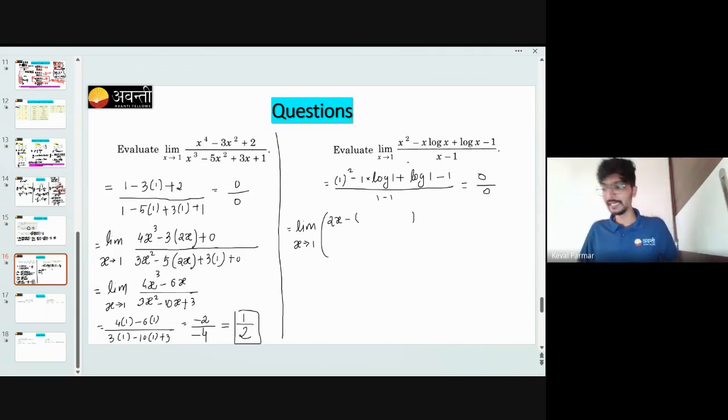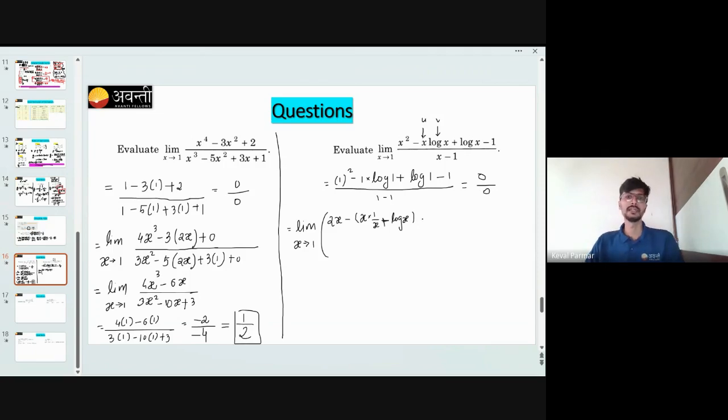So I hope I am directly using the product rule. If any confusion, please let me know. So this is u and this is v for the product rule. So I can write x into derivative of v, which is 1 by x, plus log x into derivative of x, which is 1.